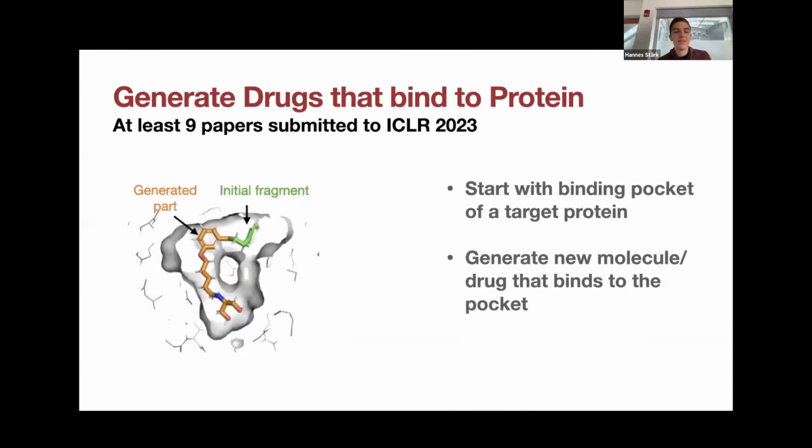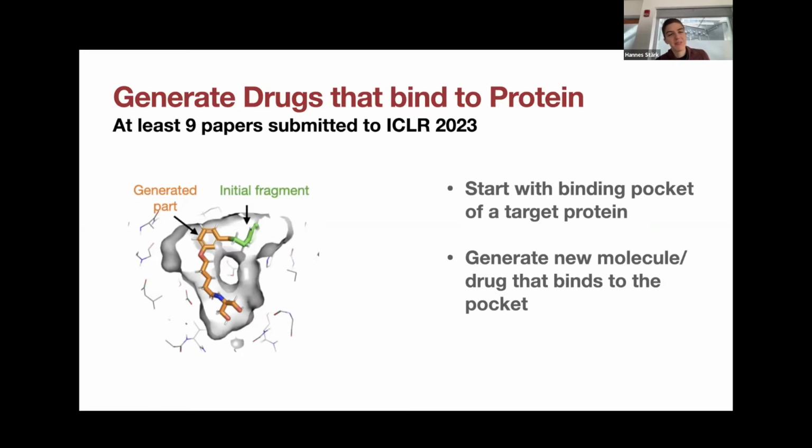Also, if we're talking about generating drugs that bind to proteins, this is of course hugely important, because generating a drug in many cases means designing something that binds to a particular pocket of a protein.